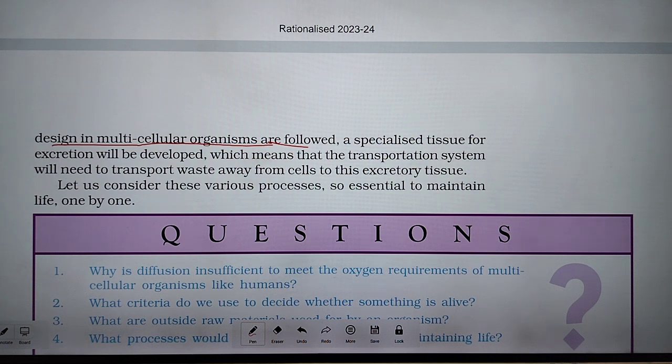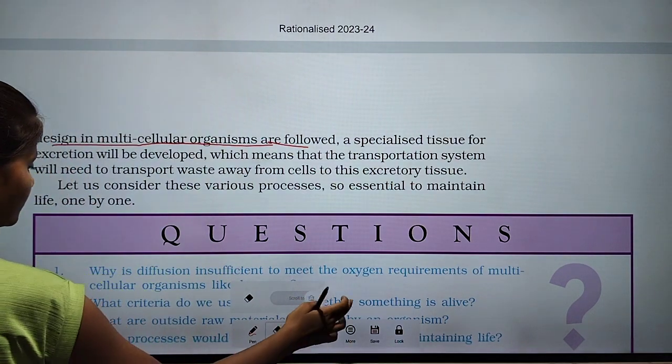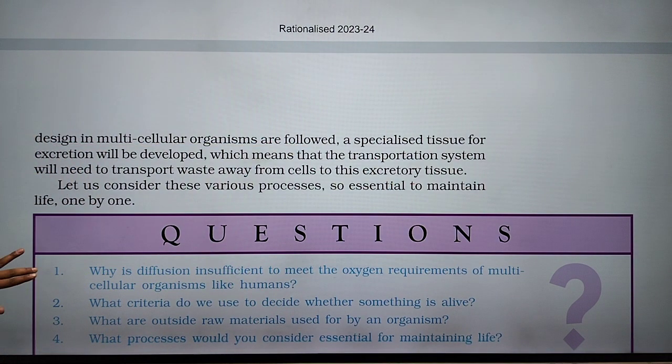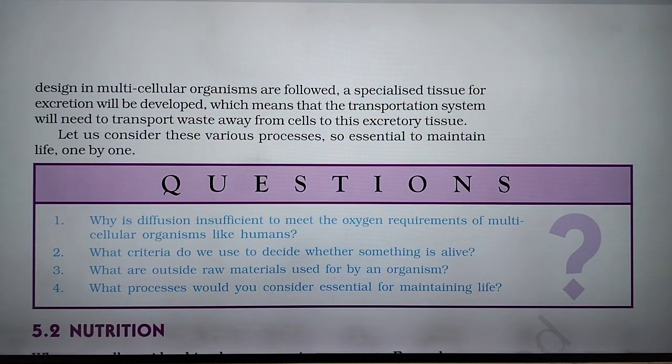Once the cells remove their wastage, let us consider these various processes.